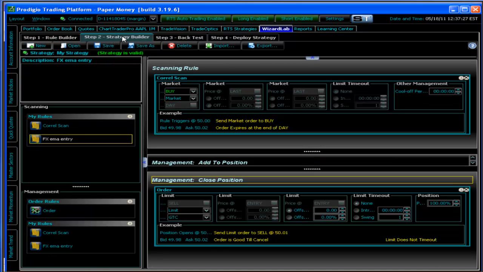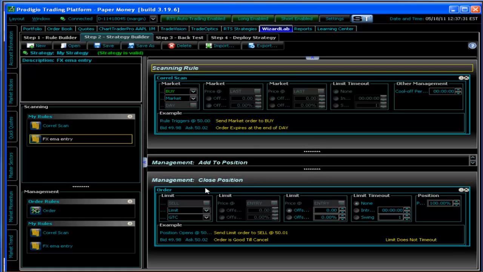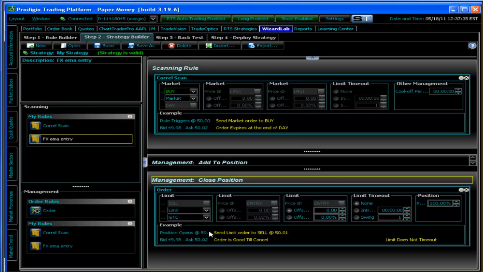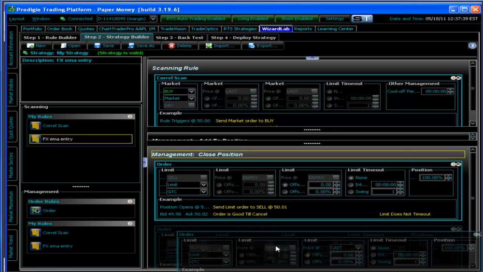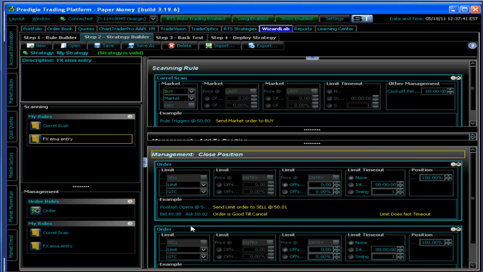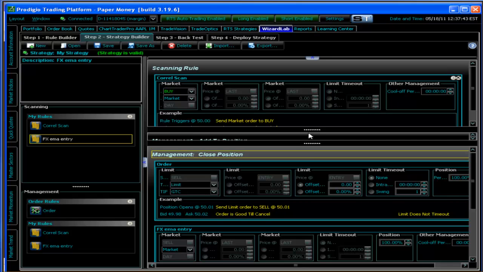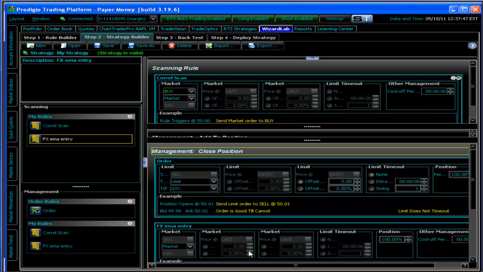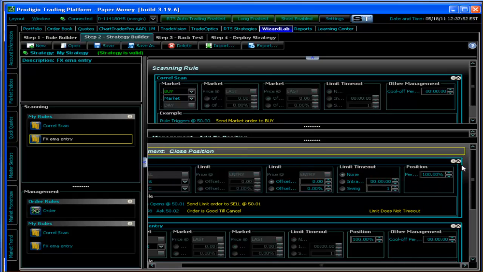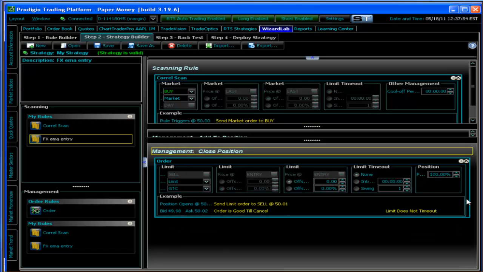I tie those together by building a strategy, and a strategy says use this rule as my scanning rule, use these rules as my management rules, and so on, and you can chain these things together. I can put multiple rules in here, scan based on a rule and then manage based on a series of rules or other orders. So that's the concept, and we're going to talk about details.